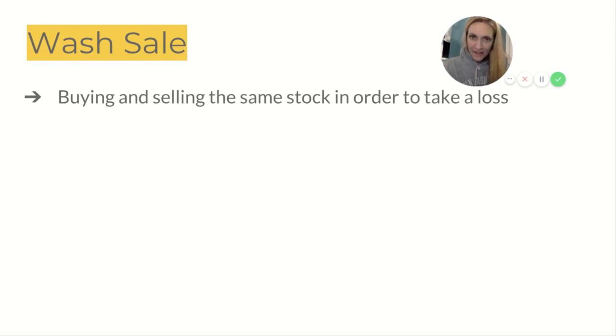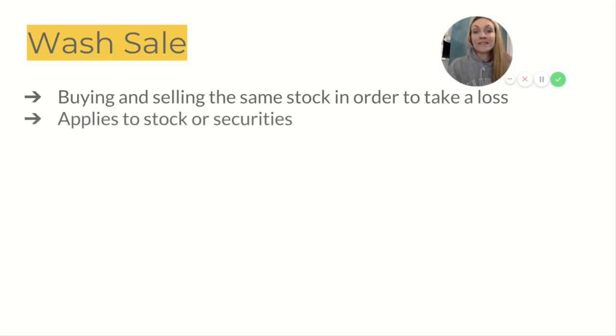Now, a wash sale, this is changing topics. This is about stocks, but it's a similar concept because remember, stocks are normally an investment asset. And so if someone buys and sells stocks quickly in order to take a loss, it's going to be disallowed. Now, it's going to be disallowed even if they weren't doing it intentionally to take a loss.